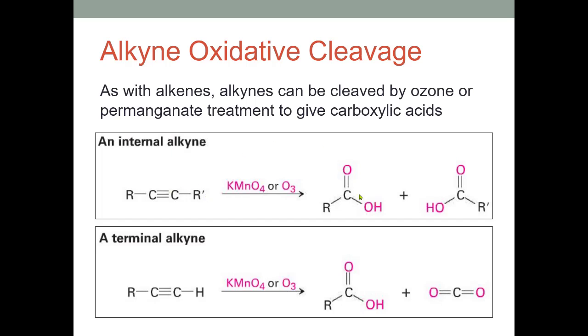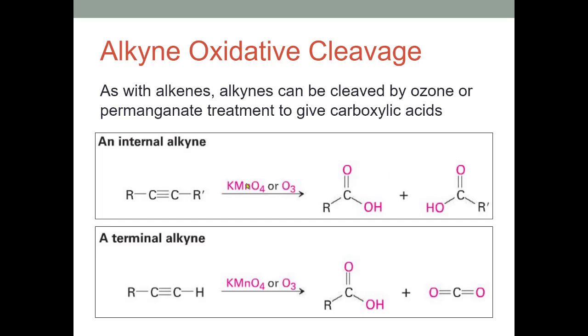We go all the way up to the three bonds to oxygen setup. That's as high as that could go without breaking this carbon-carbon bond. And so we end up at the carboxylic acid state. So imagine we're cutting this internal alkyne right in half and making both of those two carbons carboxylic acids.